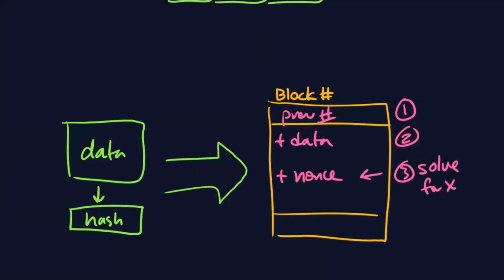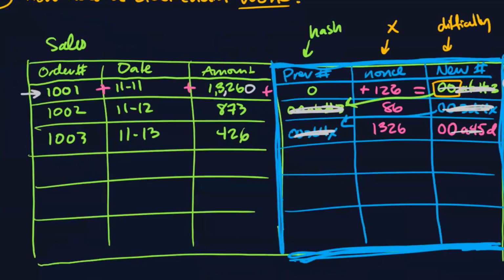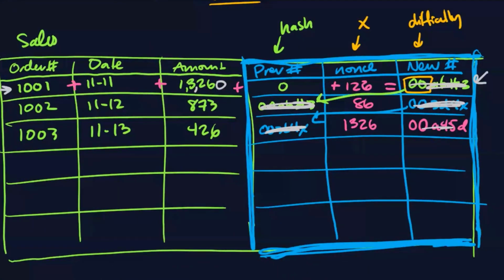And once we solve for x, we get the new hash, step 4. That's all that's taking place in a blockchain, which is why when we go back up to this table example, all we're doing is creating a summary of the data, calculating the new hash, and then linking it to every subsequent block. That's it. It's just a security mechanism to detect changes to the ledger.